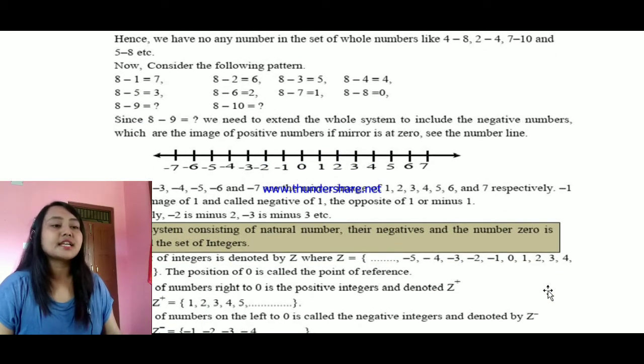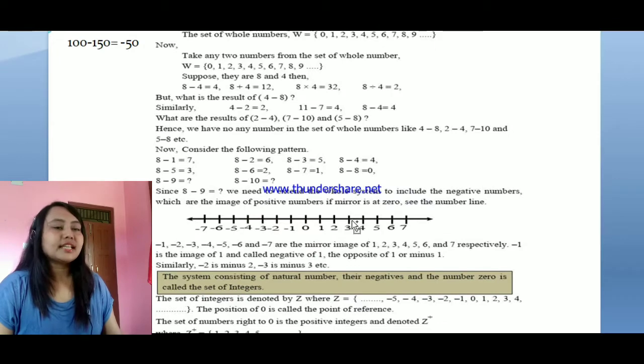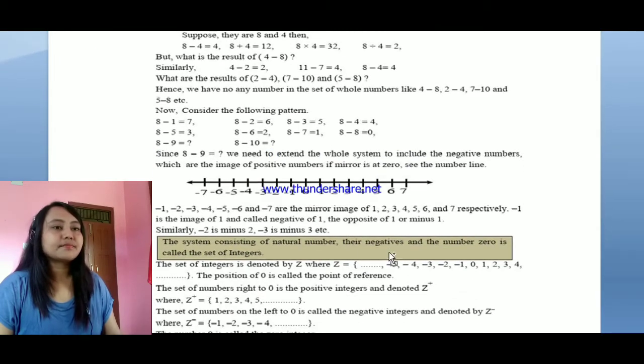Since I have said that if we go to the right hand side there will be positive numbers, all the positive numbers on the right hand side are known as the positive integers.